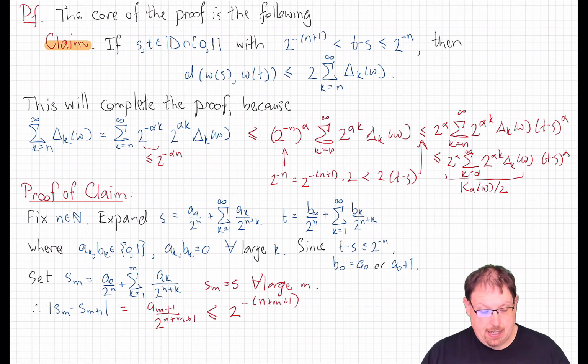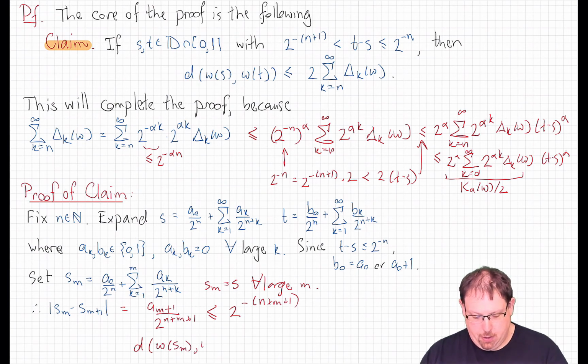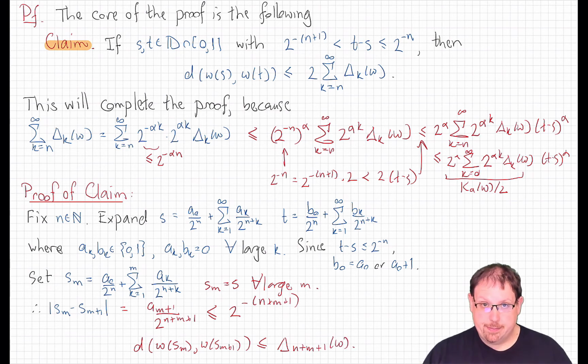Now what that tells us, by the definition of the maximum mesh, is that the distance between omega of S_m and omega of S_{m+1} is no bigger than that maximum mesh delta_{n+m+1} of omega. Okay, let's do that same thing for t as well.